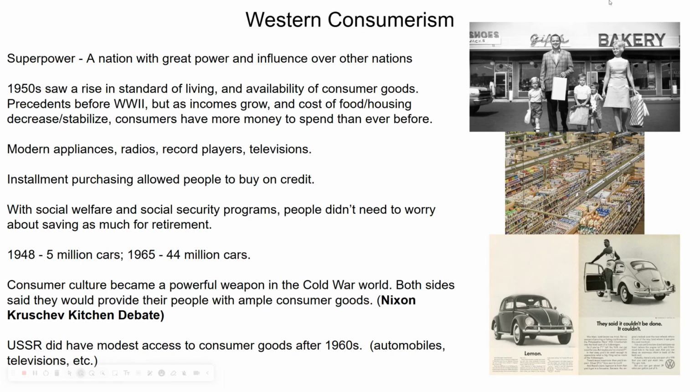We see standard of living see a dramatic increase. Consumer goods skyrocket. The number of appliances you could buy skyrocket. Supermarkets are established across the West, with people getting access to radios, TVs, record players, and able to afford these things through buying on credit, getting loans for cars, houses, whatever you needed.